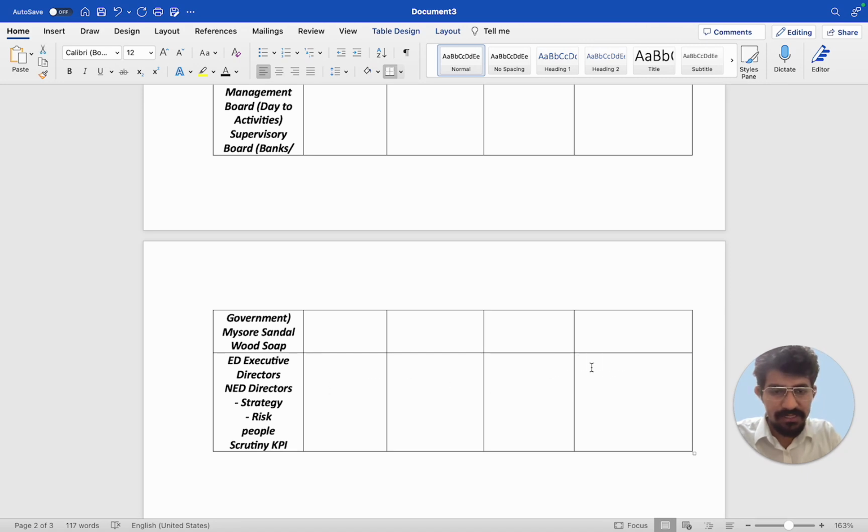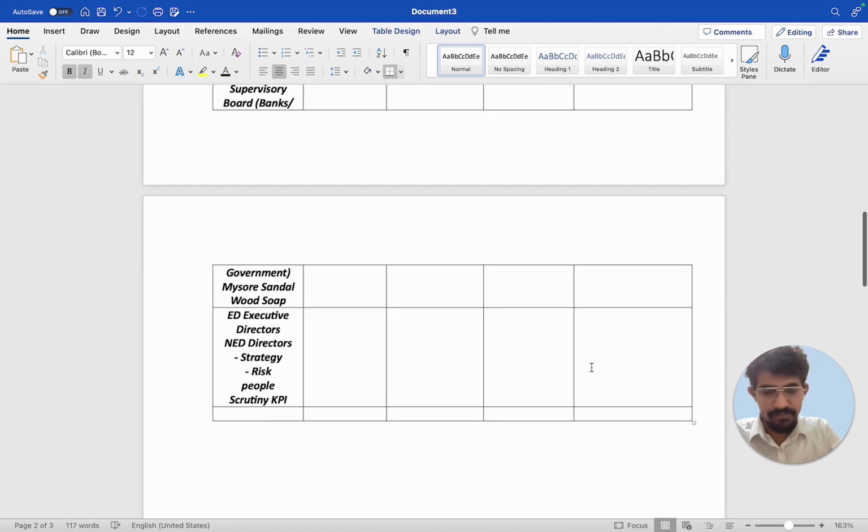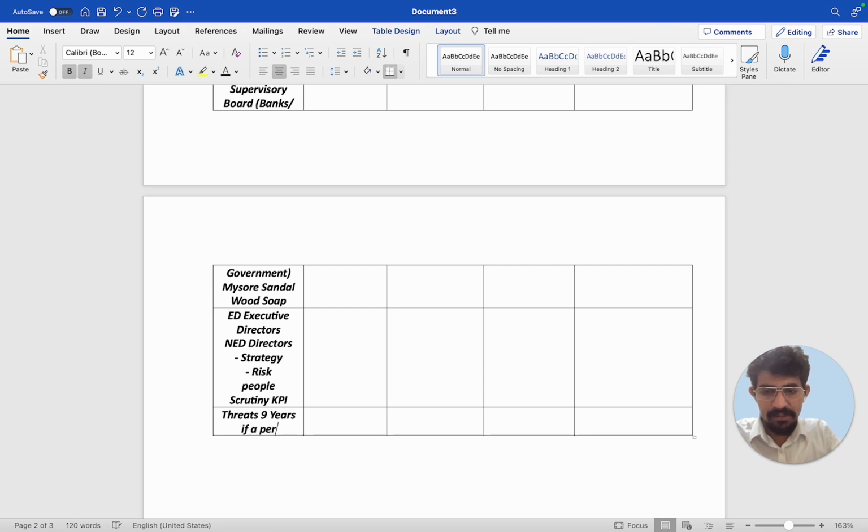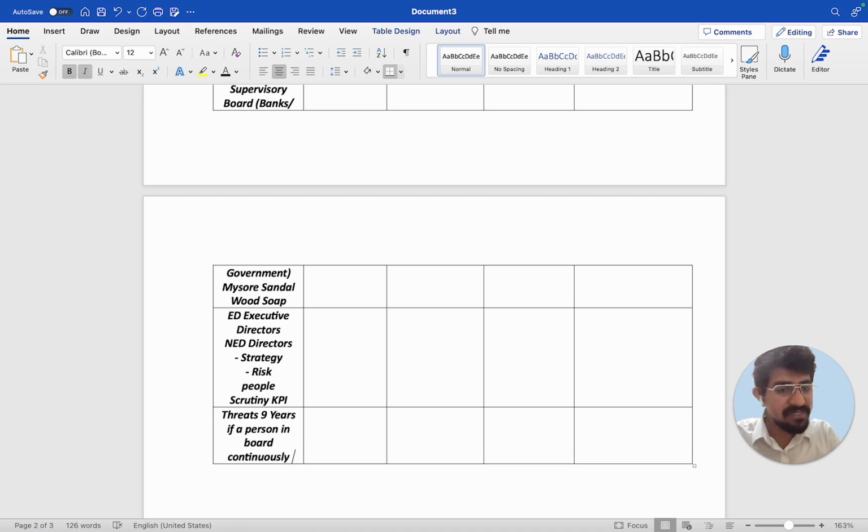And also students, just to make your life simple, there are some areas with regards to the threats, if I'm not mistaken. The threats are, students, like example, 9 years, if a person in the board continuously, it's a threat, because you have to somewhat step down.